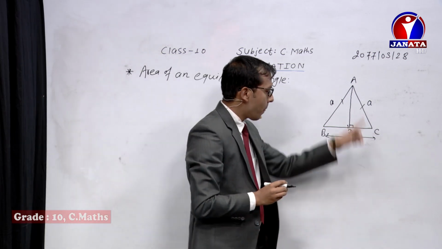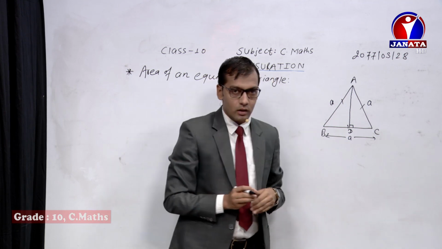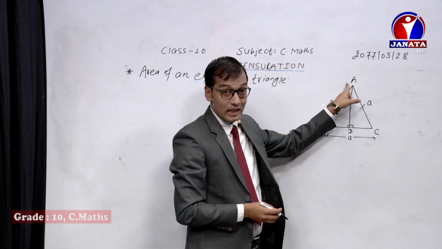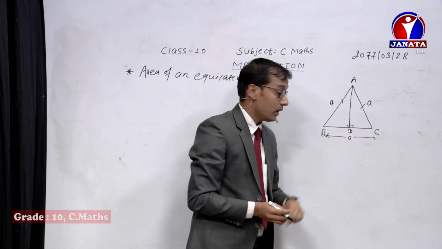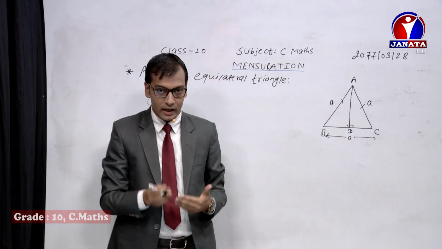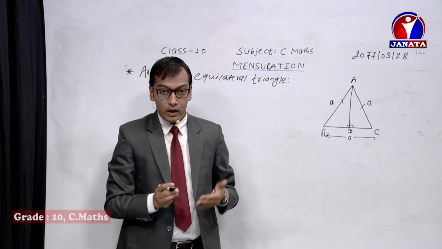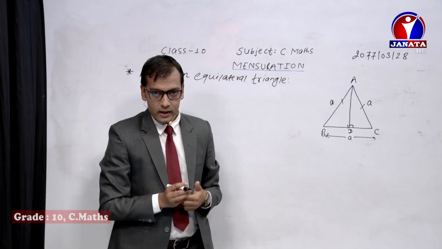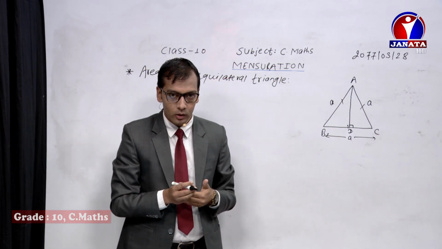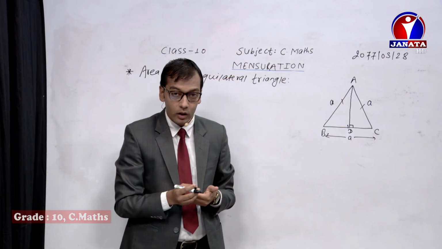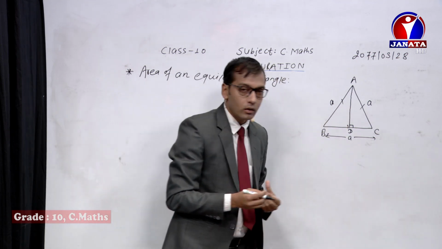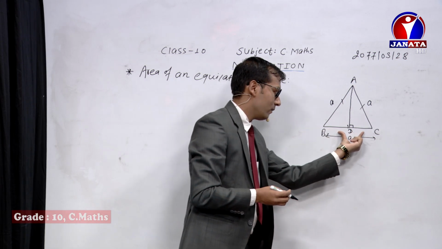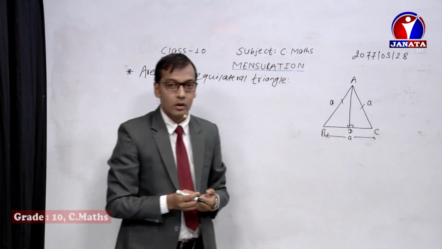Here in the figure, AD is the perpendicular drawn from vertex A to the opposite side BC, and this is called height because it's perpendicular. In an equilateral triangle, a perpendicular drawn from a vertex to the opposite side always bisects the base, so it is the perpendicular bisector of the base BC. So AD is the perpendicular bisector.